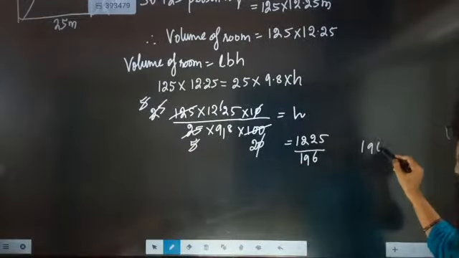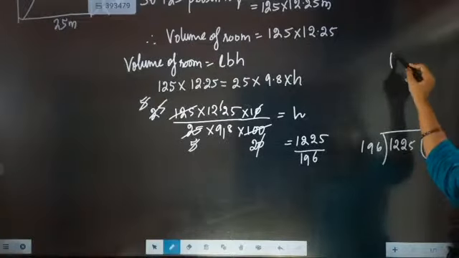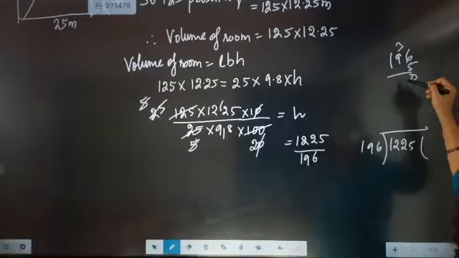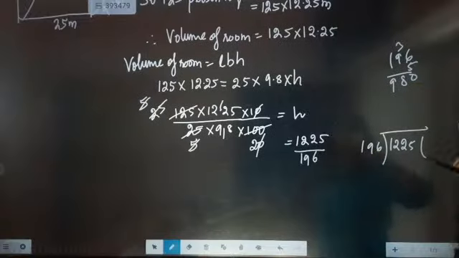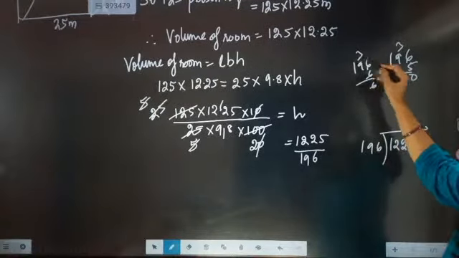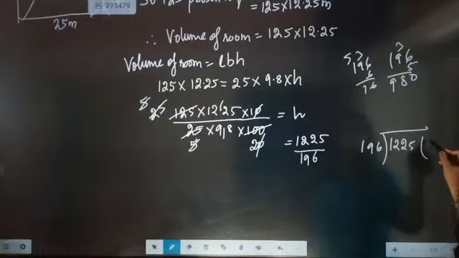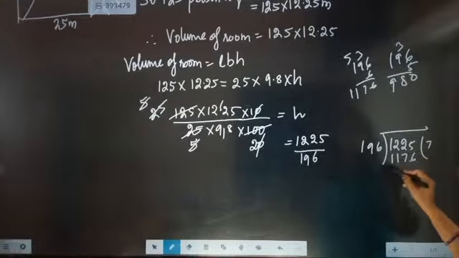So 196 into 1225. 196, 5 is 5, 5 6s are 30, 5 9s are 45, 46, 47, 48, 4, 5, 4, 5 is 5, 4, 9 is coming. So 196, 6 6s are 36, 6 9s are 54, 55, 56, 57, 6, 5, 11. So 1176 is there.